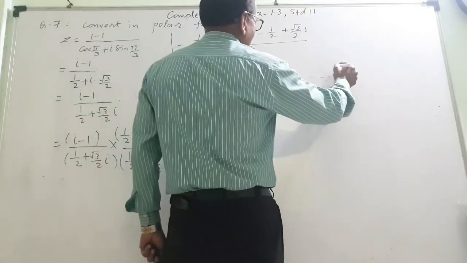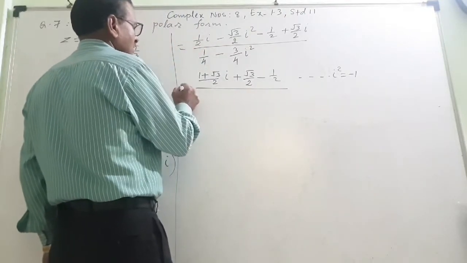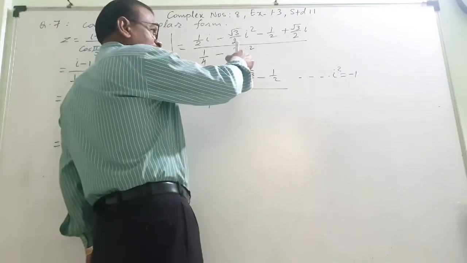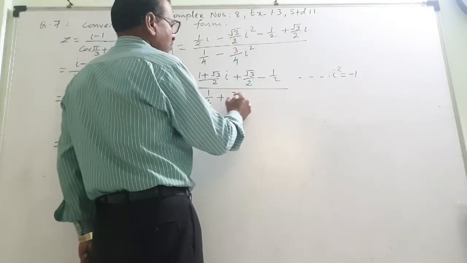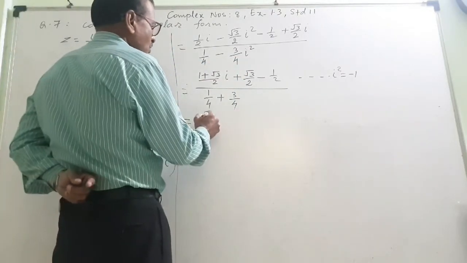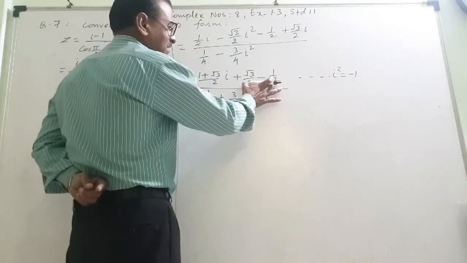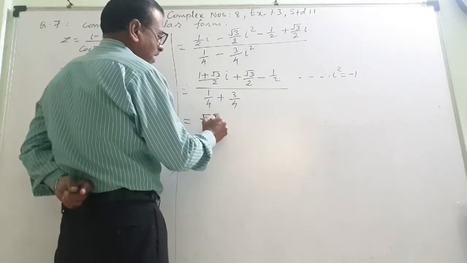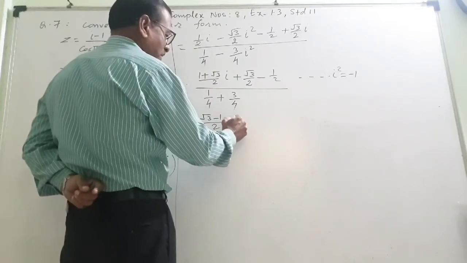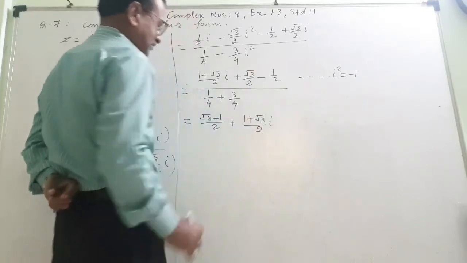And this minus 1 upon 2. Here I will write i square equal to minus 1 upon. Now this 1 upon 4 will also be plus because this is minus. So 3 upon 4. This minus and this minus 1 will be this. So that is equal to, now this i part I will write afterwards and this constant part: root 3 minus 1 upon 2, plus 1 plus root 3 upon 2i.